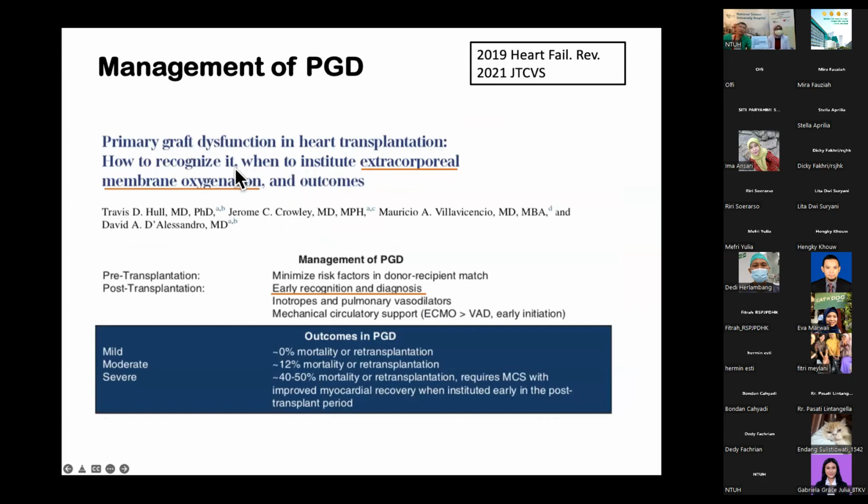So when to use ECMO, I think the outcome is acceptable. When to use it: early recognition and diagnosis. I would even suggest a little overestimate. It's okay. If you have good hemostasis and relatively high inotropy, just put on ECMO and wait.